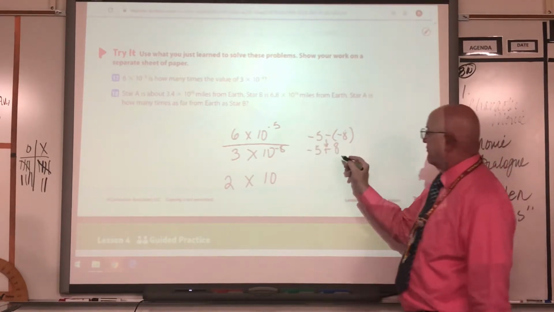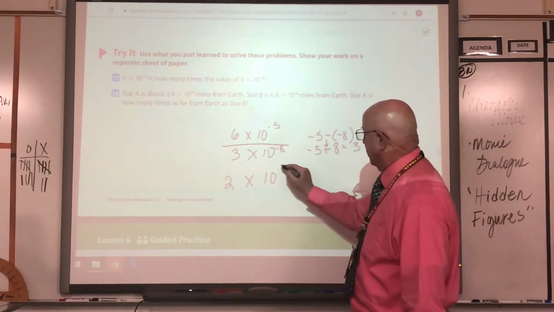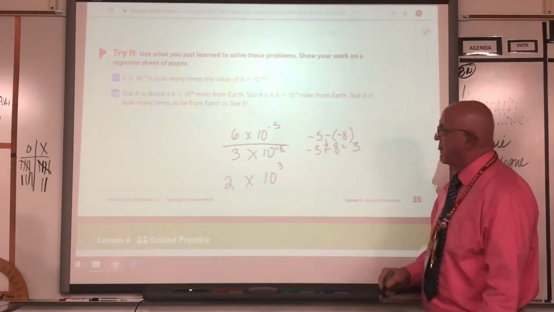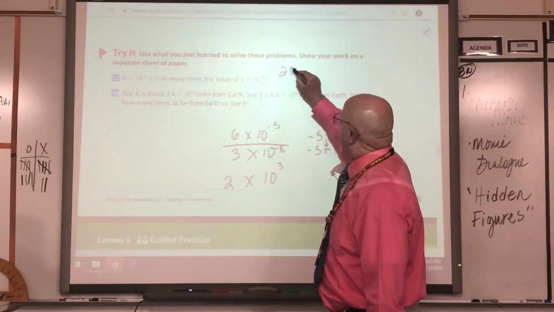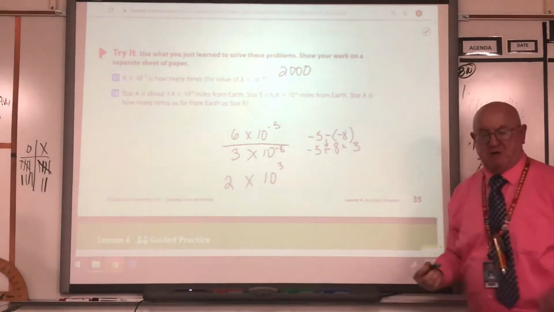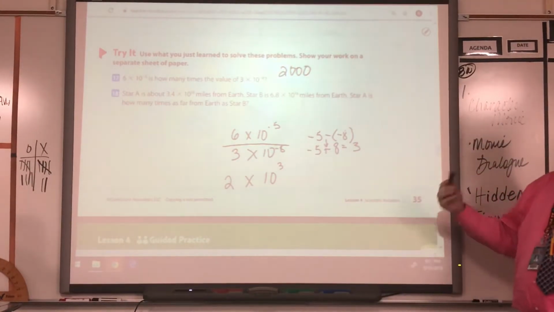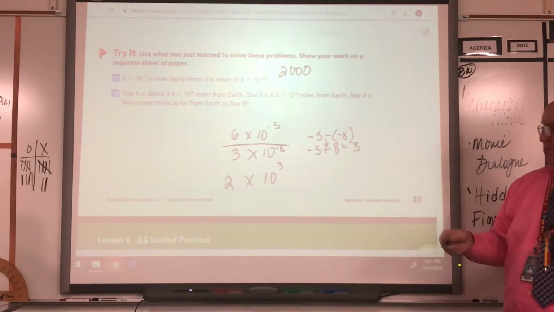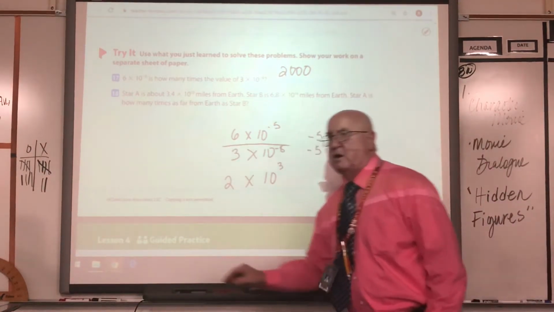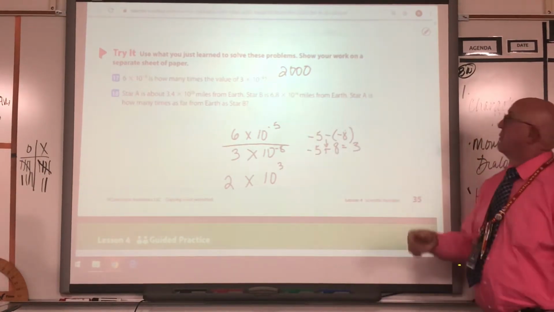Negative 5 plus 8 is equal to 3. So it becomes 2 times 10 to the third, which will make it 2,000 times. Does everybody follow that? If not, stop the video and think about it. Talk to the partner next to you and see if you can clear it up.